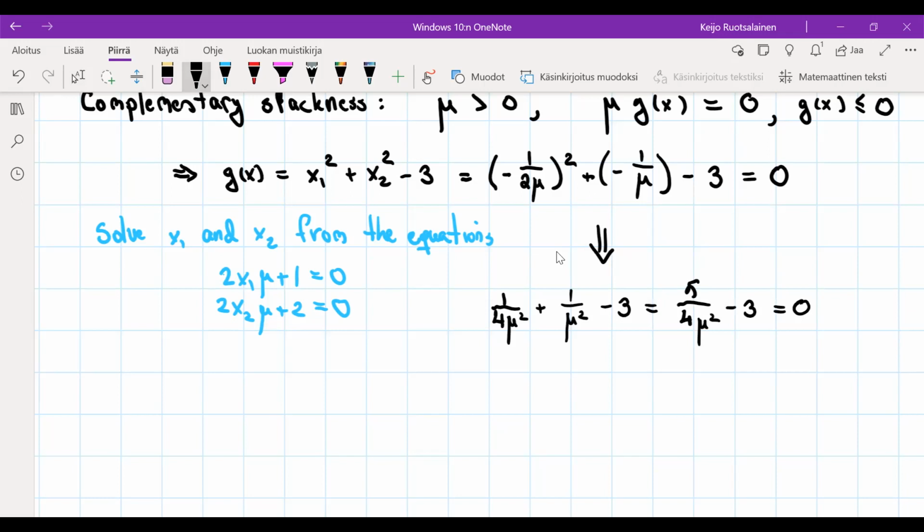And you get the equation 12 times mu squared equals 5. And mu is plus square root of 5 divided by 12.